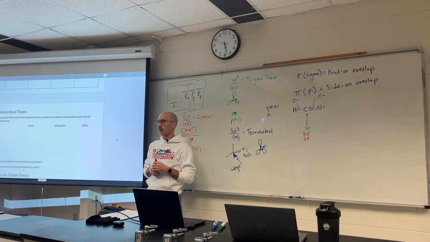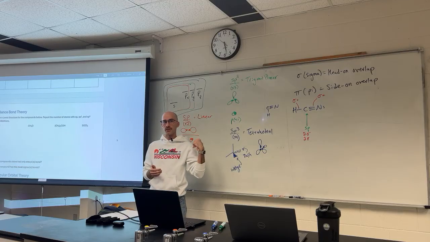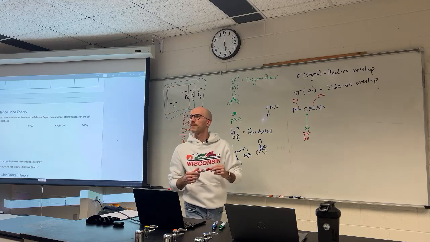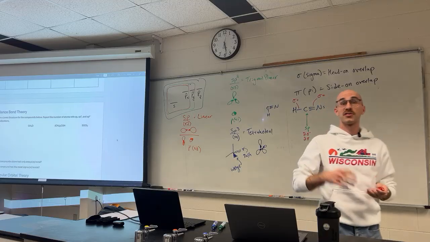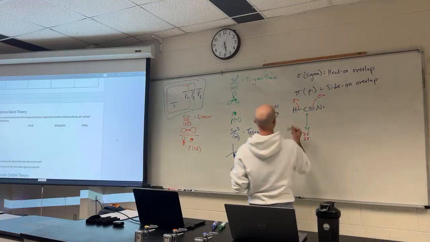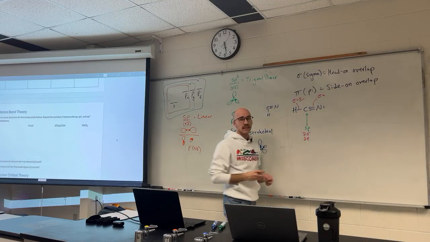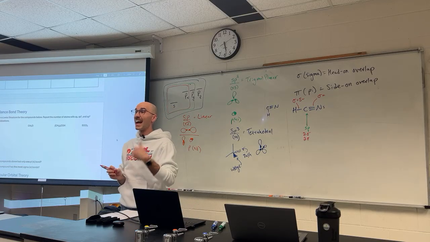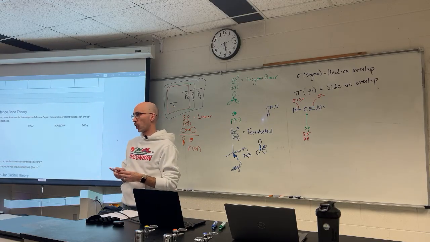Can you tell me what orbitals need to overlap for the sigma bond between hydrogen and carbon? What is hydrogen's orbital? S. So the s orbital of hydrogen is overlapping with the sp orbital of the carbon.